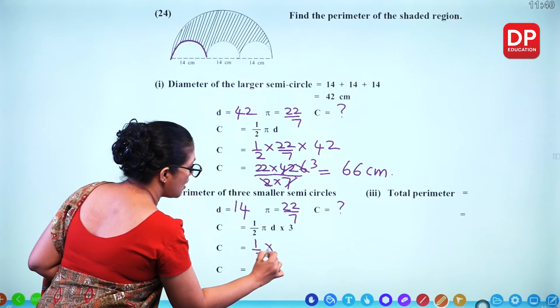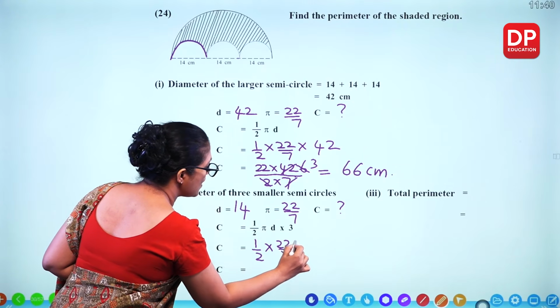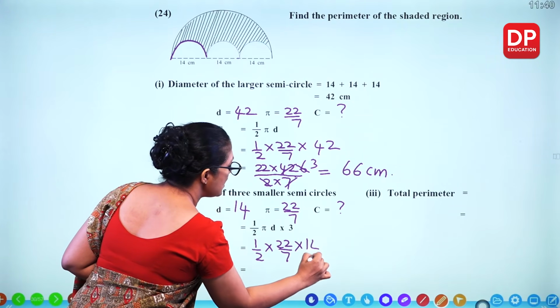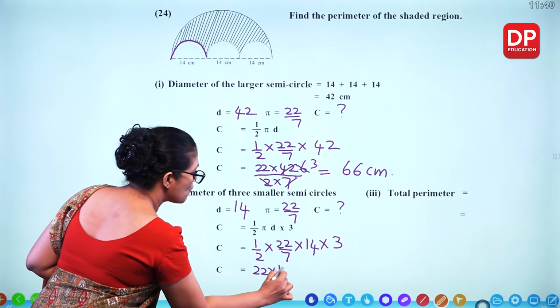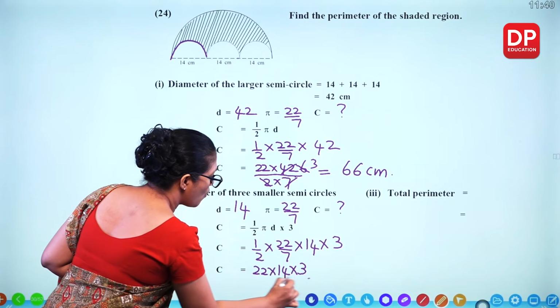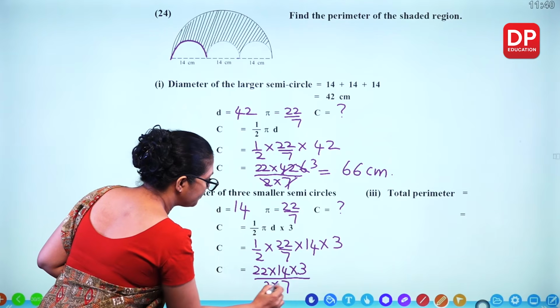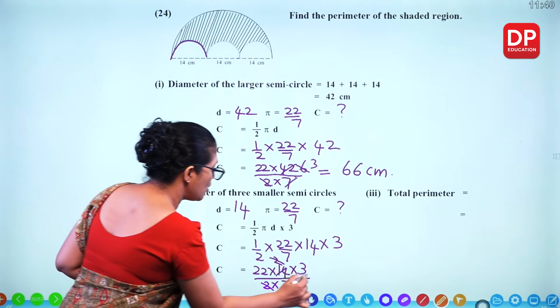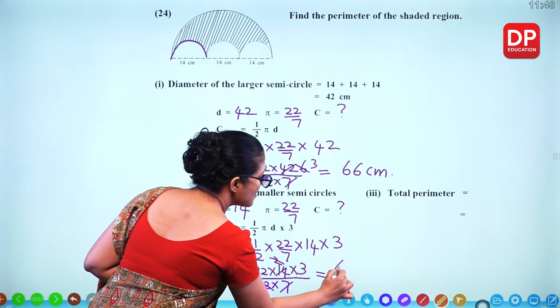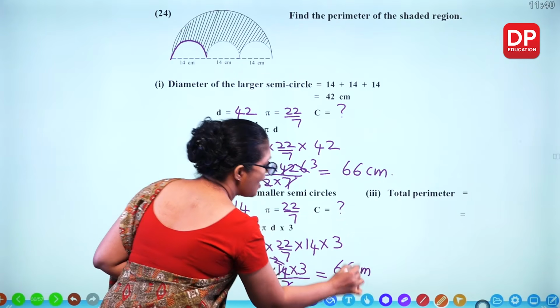So what's the value? Half. Pi is 22 over 7. D is 14 and multiply by 3. You get 22 times 14 times 3 over 2 times 7. So 7 times 2 and this 2 get cancelled out. You get 66. So the same answer.